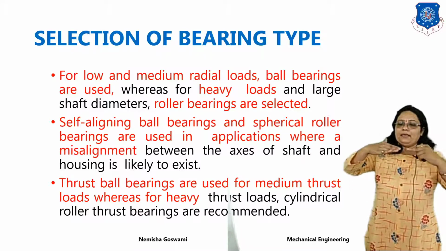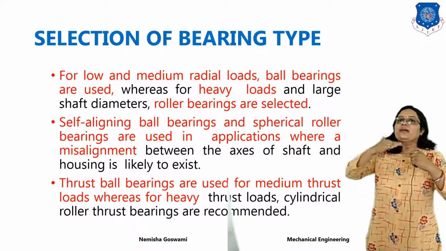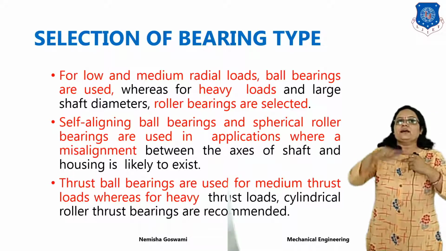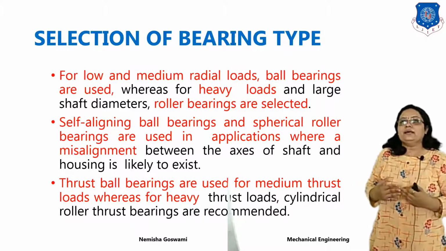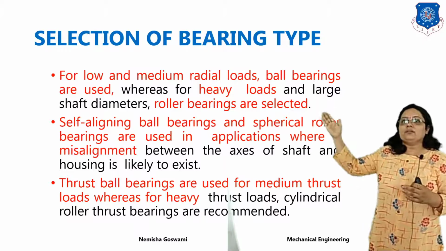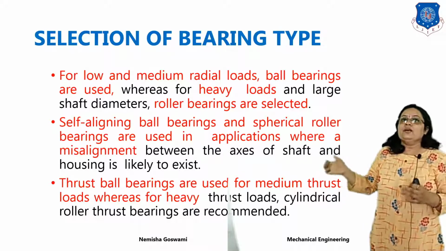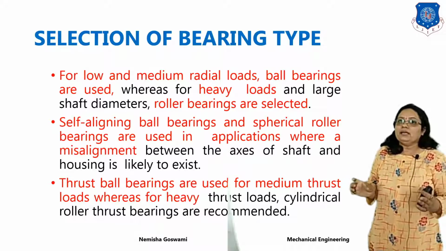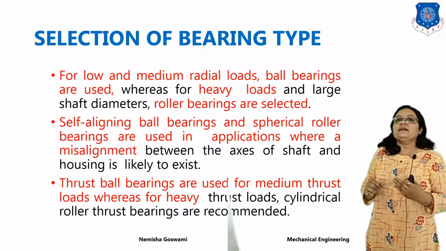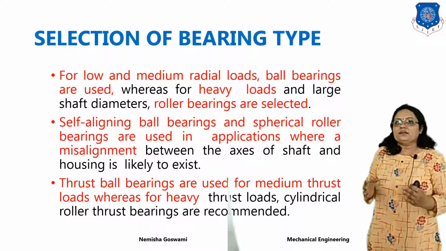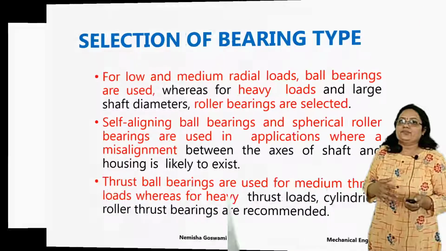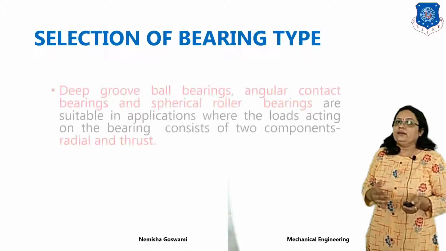When load is applied along the axis of rotation, it is a thrust bearing, and when load is applied perpendicular to the axis of rotation, it is a radial bearing. Thrust ball bearing is used for medium load, and for heavy thrust load, cylindrical roller thrust bearings are generally used. This is the basic selection criterion.